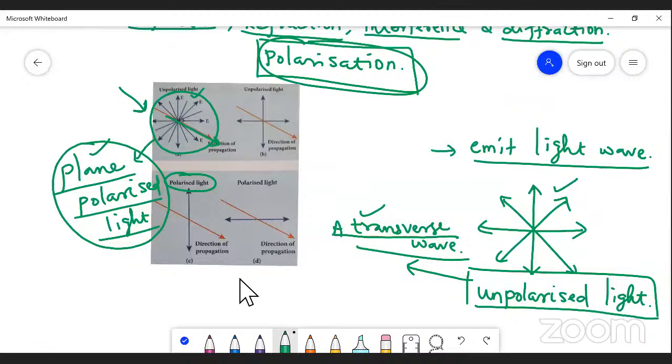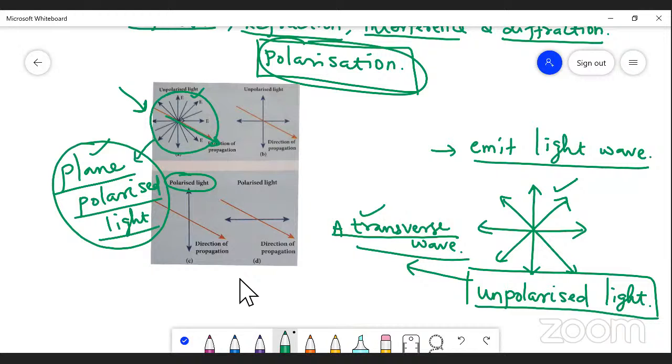Okay, அதாவது unpolarized lightல இருக்கிற அந்த vibrations நம்ம ஈக்குவலா, ரே டைரக்ஷனை பொறுத்து சமச்சீரா வந்து பாத்தீங்க அப்படின்னா டிவைட் பண்ணணும். So unpolarized light is symmetrical about a ray direction. எப்பவுமே ஈக்குவலா சமச்சீரா தான் டிவைட் ஆகும். இது unpolarized light.